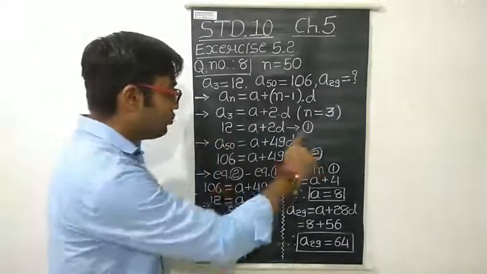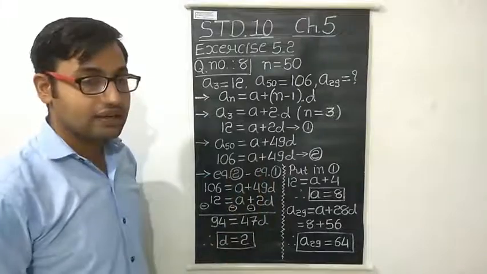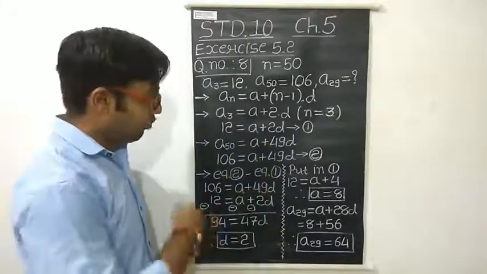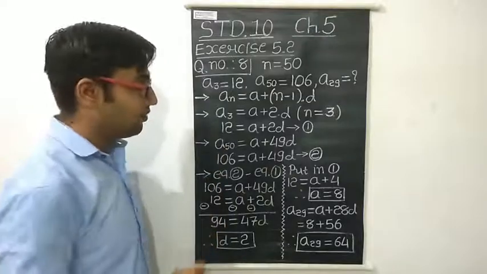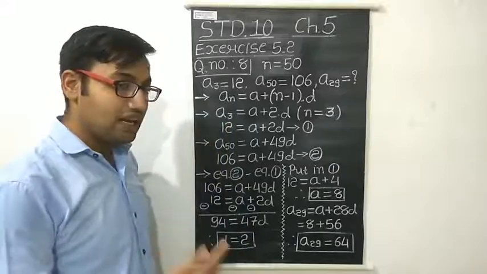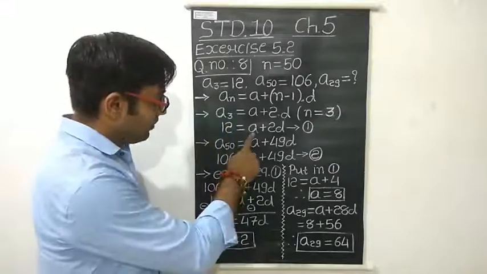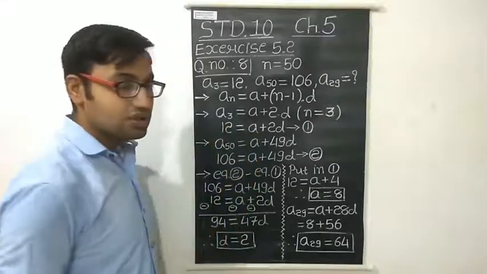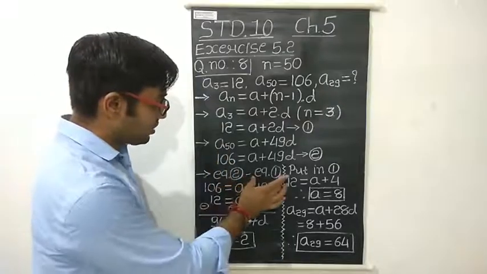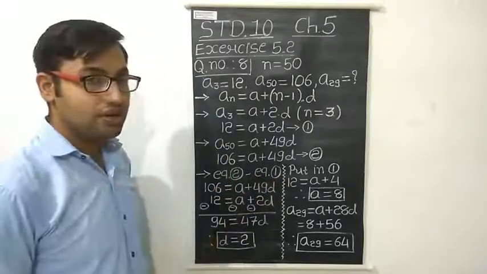Now we have two equations, first and second. Notice that there are two variables, a and d, and both are linear. So this becomes a pair of linear equations. We can solve these equations by the elimination method. In both equations the coefficient of a is the same, so we can directly subtract equation number 1 from equation number 2.